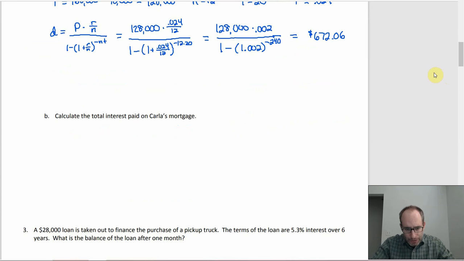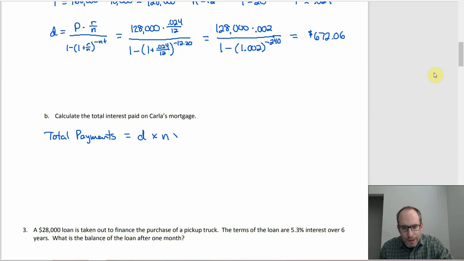So let's see, the total payments. I guess I can write this generally, where it would be D times N times T. It's the payment per period times number of compounding periods per year times number of years.